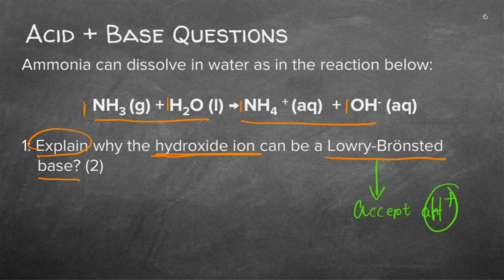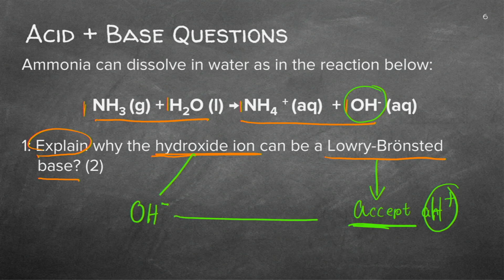Which one of these will accept? Can you see I've got OH minus there? Therefore, that can be a base. So it is a base according to the definition because it can accept a hydrogen. So that would give you your 2 marks.